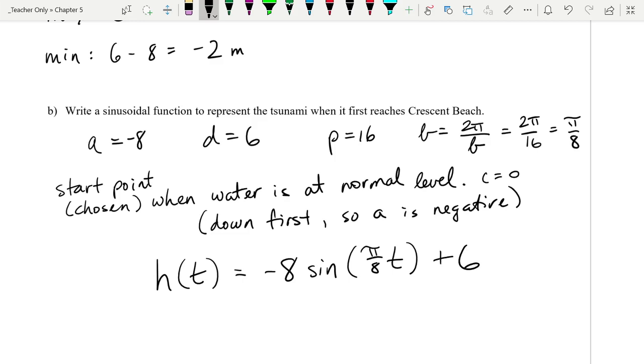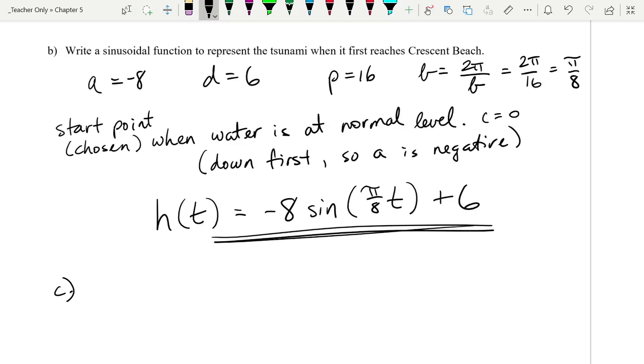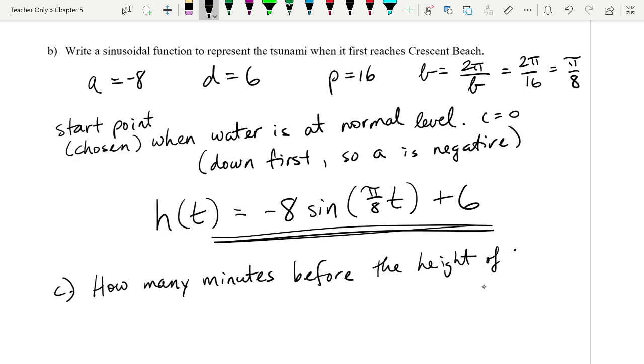And then very often there'll be another question after that. There'll be like a C part to the question. Here, let's make up a C part. C, how many minutes before the height of the tsunami is, let me pick a good one here.